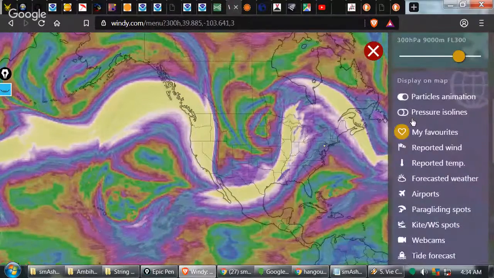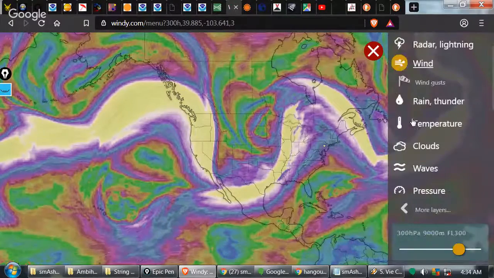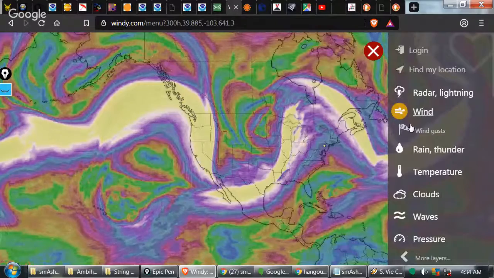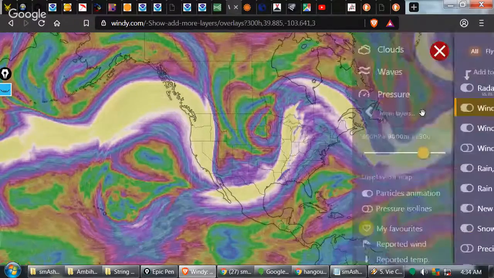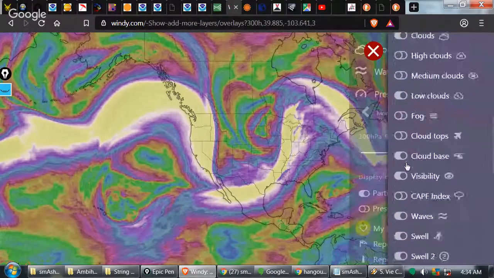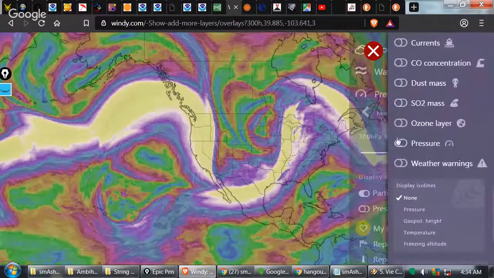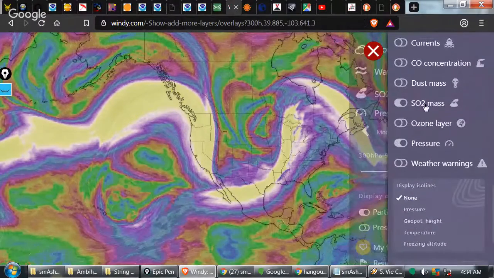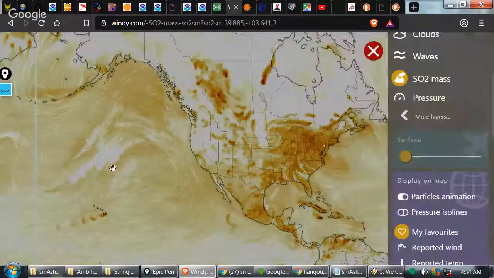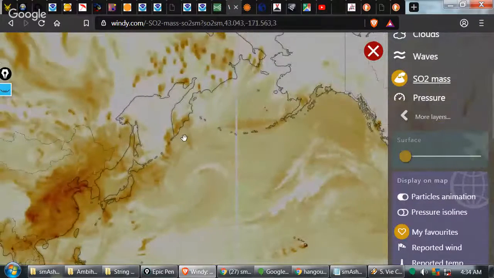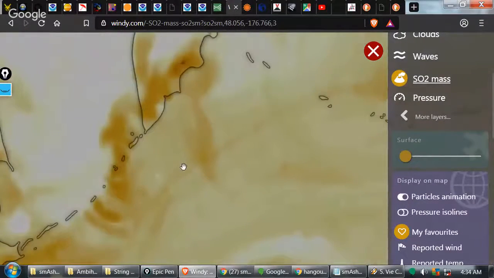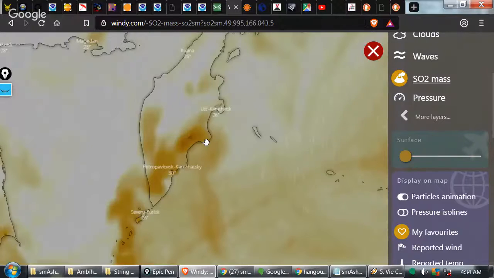And where are my layers? That's odd. There we go. Sulfur dioxide is what you want. Head over to the Kamchatka Peninsula. We didn't see any sulfur dioxide yesterday when we looked.